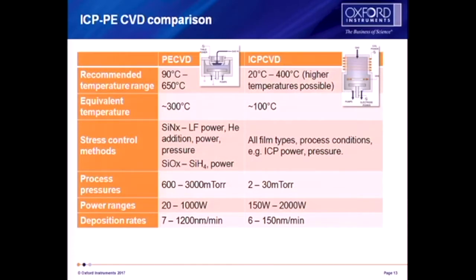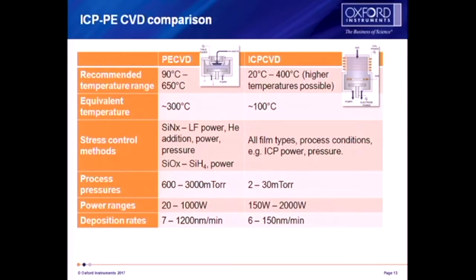So just to give a side-by-side comparison of the process parameters that we operate in, with PECVD, we like to be between 90 to 650 degrees. Most films are better above 300. With ICP CVD, we work at 20 to 400, but you can go higher if you want to. Quite a nice comparison between the two is the equivalent temperature.